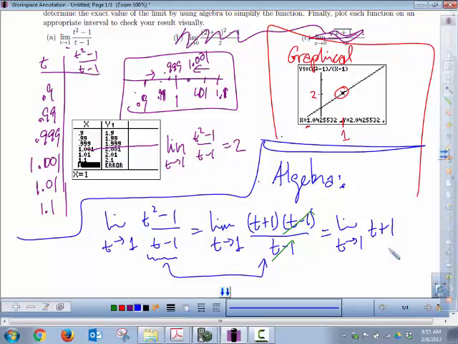When we tried to put it into the earlier function, we had a 0 in the denominator. Now there's no 0 in the denominator. Algebraically, it's supposed to be equivalent, so I can put the 1 in there, and by putting it in there, we're just going to get 2.